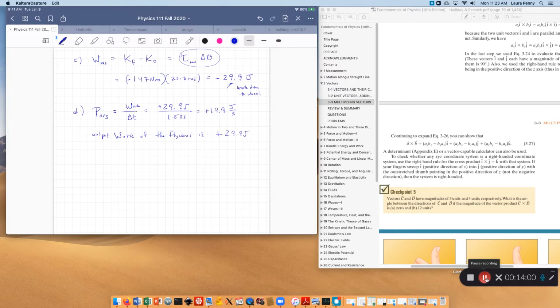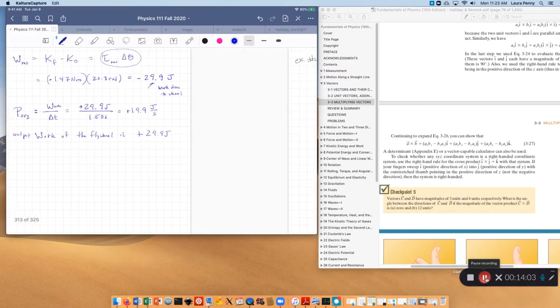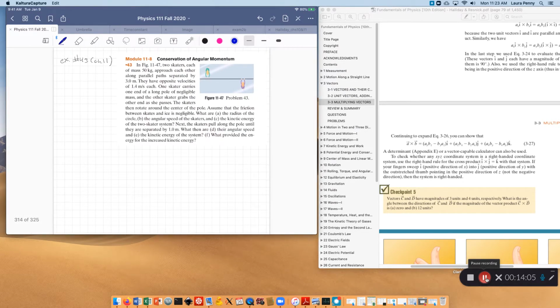All right. Let's look at the last problem I want to do, which has to do with conservation of angular momentum. Going back, I did this briefly in that last video: if the net torque on a system is 0, then the initial angular momentum of that system is equal to the final angular momentum, or angular momentum is conserved.